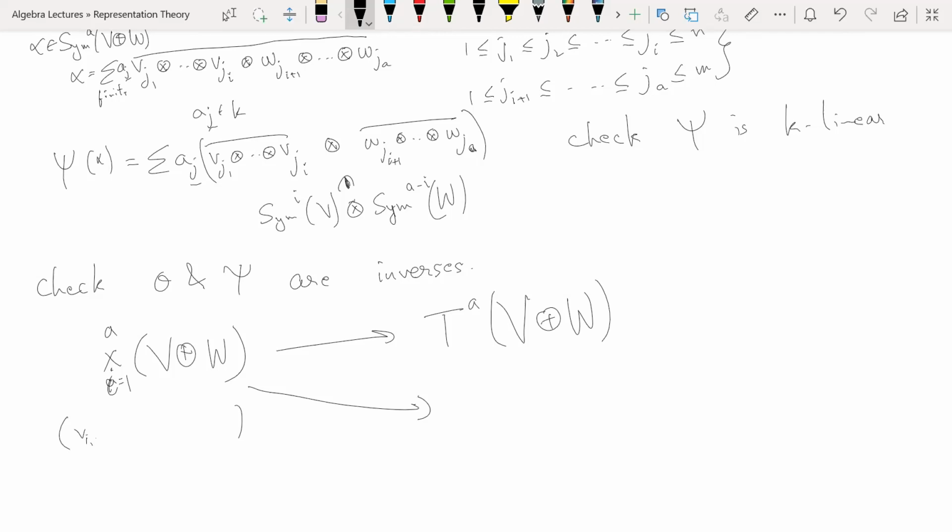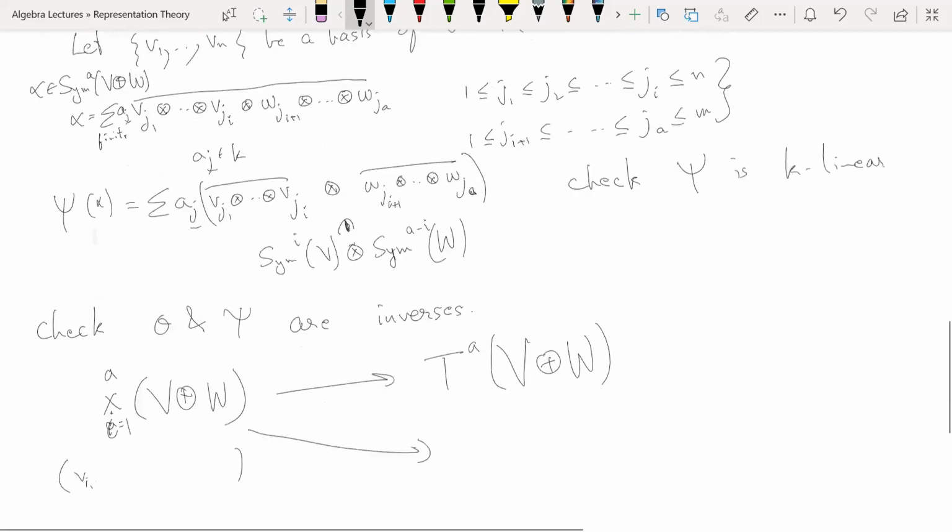So any typical element here will look like sums of these kinds of guys where i varies. A typical element of the A copies of V plus W.